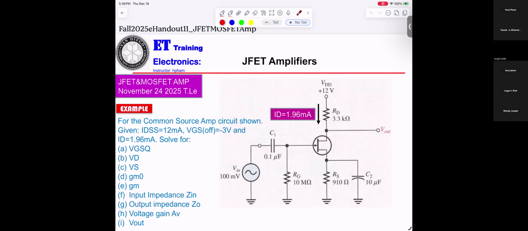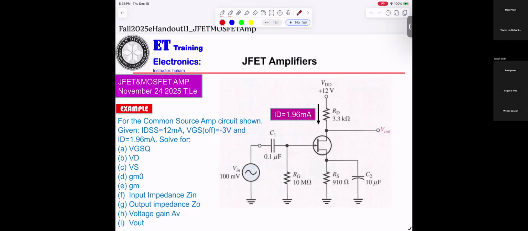Self-bias. Perfect. You get first the fixed bias, the second self-bias, the last one voltage divider bias. Fixed bias has a battery in the gate. Isn't that correct? Yeah, fixed bias, you get a battery in the gate.